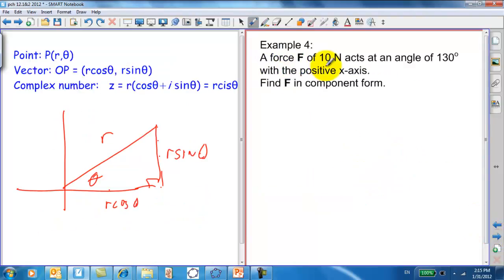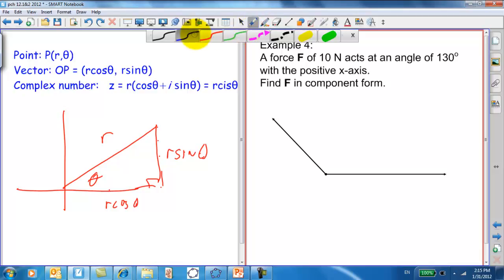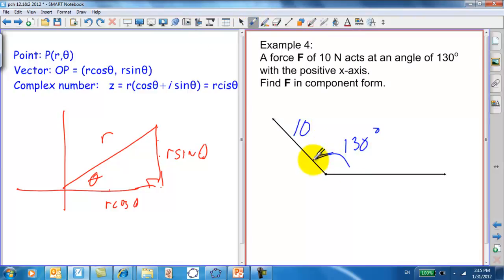A force of 10 newtons acts at an angle of 130 degrees. So let's establish 130 degrees first. There's the positive x-axis, and 130 degrees out from that would be right about, that's about 120, that's about 130. So there's 10 at an angle of 130 degrees. There's our vector. Find F in component form.